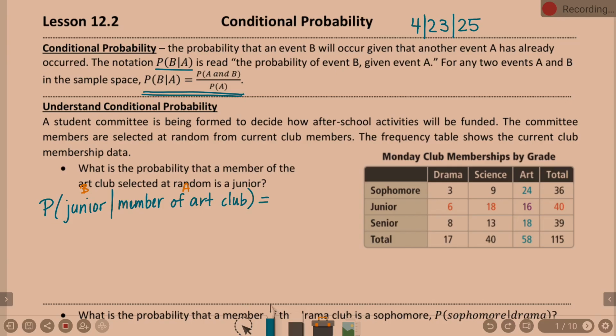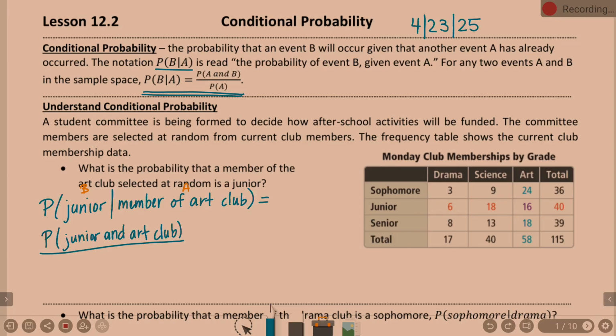So in that case, probability of A and B over the probability of A. So probability of A and B is going to be the probability that the student is a junior and, I'm just going to write art club, in other words, a junior and a member of art club, divided by the probability of A. What's A?